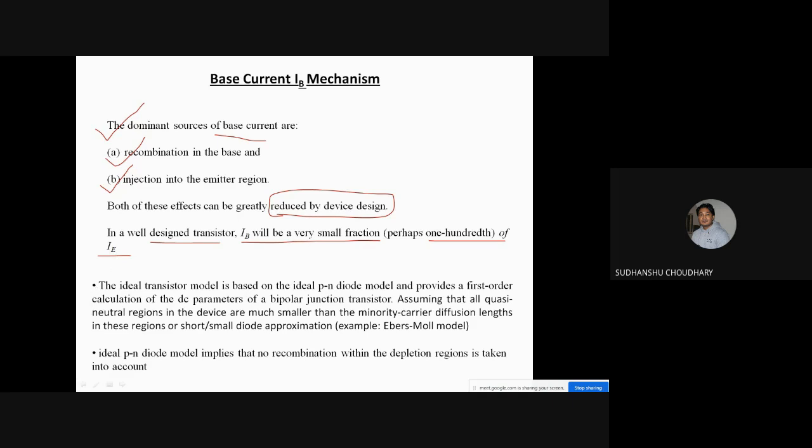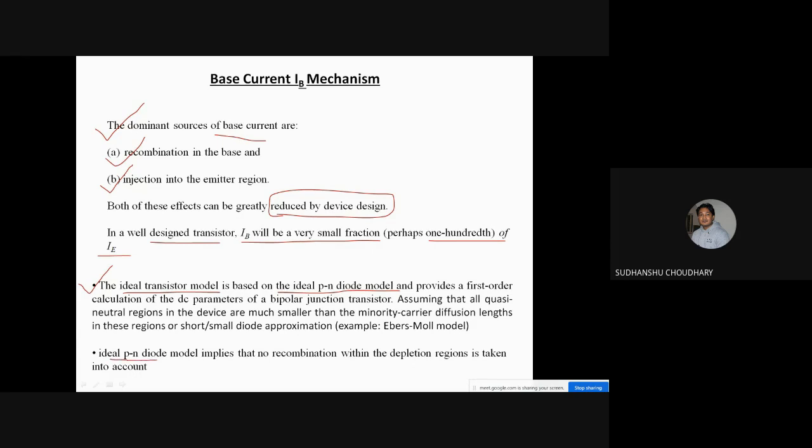Okay. Now we also bring in the concept of an ideal transistor. So ideal transistor model is based on ideal PN junction diode. Since in the transistor we have seen there are two PN junction diodes, if those two PN diodes are ideal, the transistor would be ideal. Okay. So what do we mean by ideal PN junction diode?